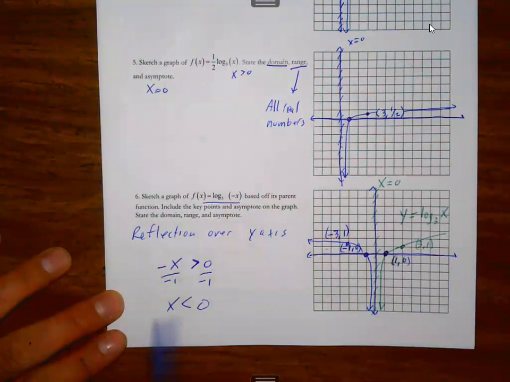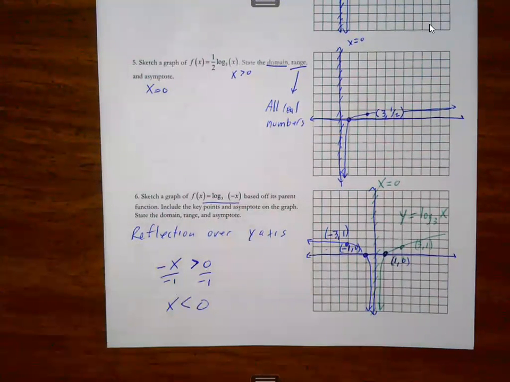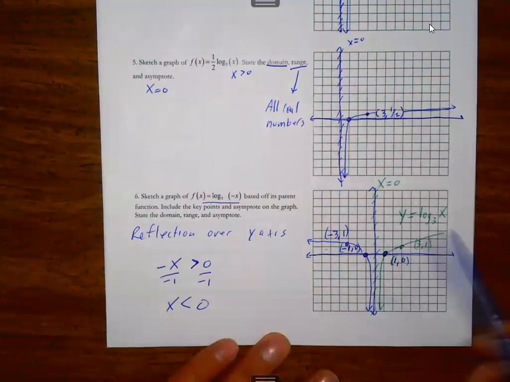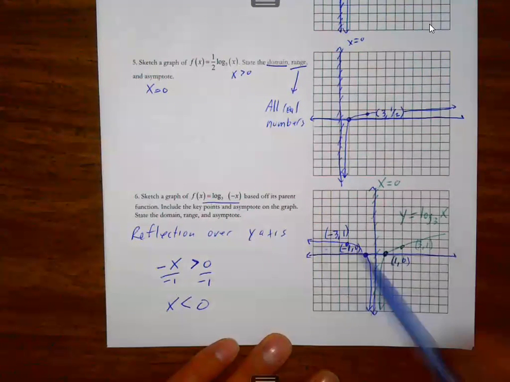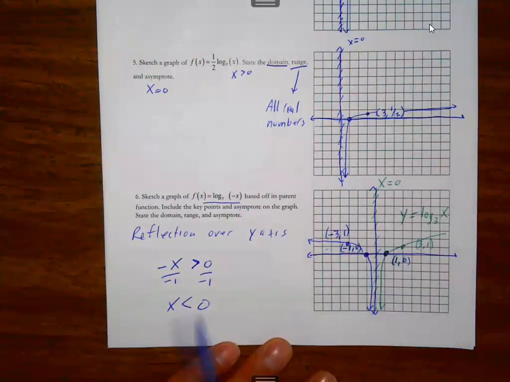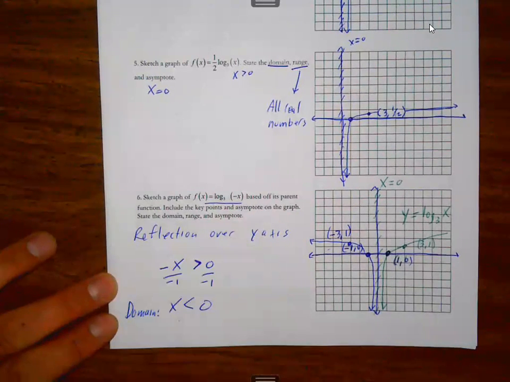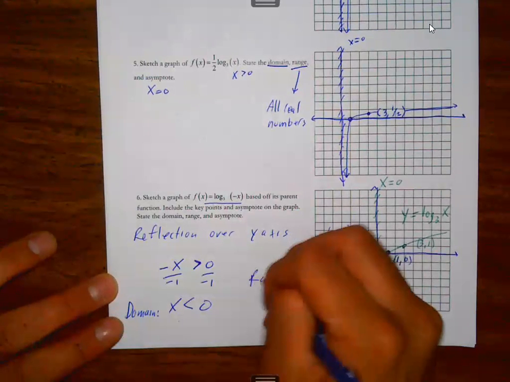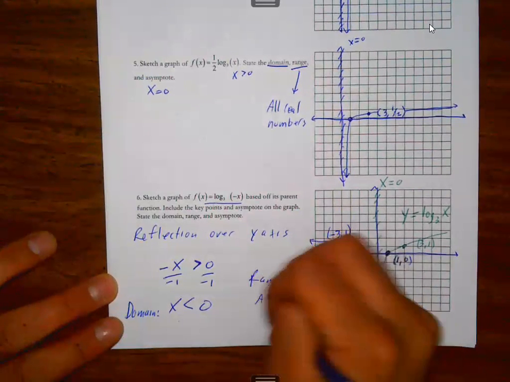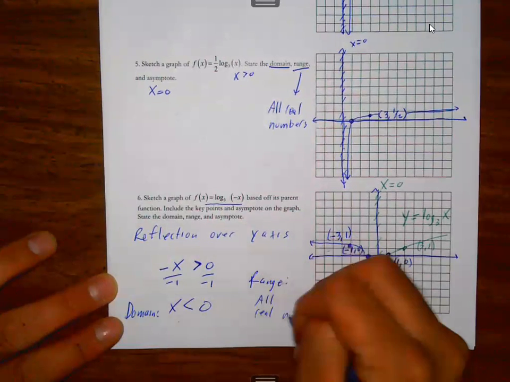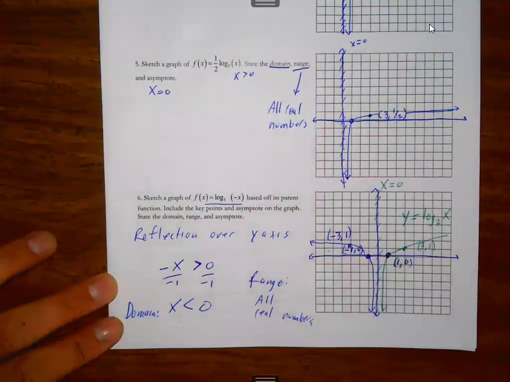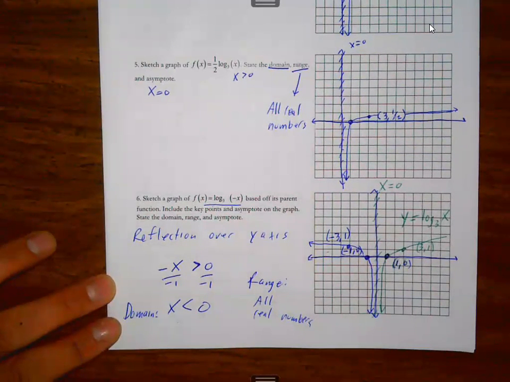So now we get x less than 0. And you can also just use transformations. Be like, all right, it was to the right of the y-axis. It got reflected. So now it's to the left of the y-axis, where x is less than 0. And that's your domain. And your range, still all real numbers. Asymptote, range, domain. All right.